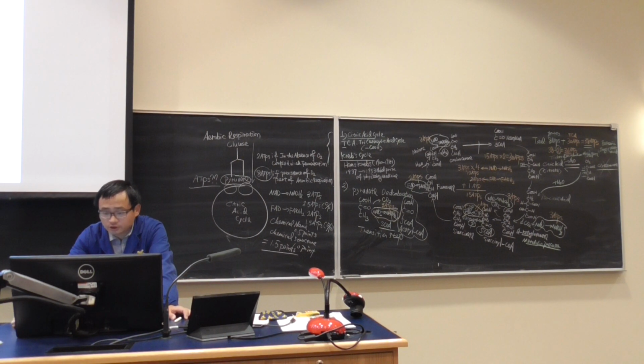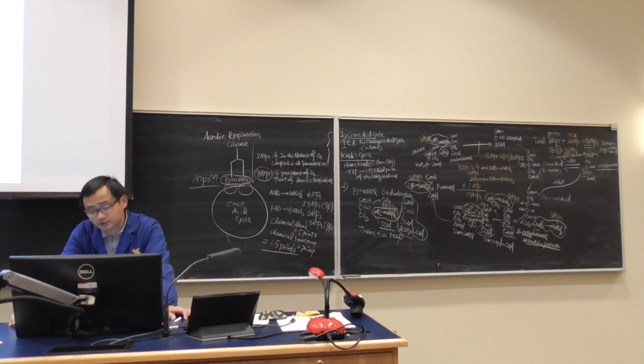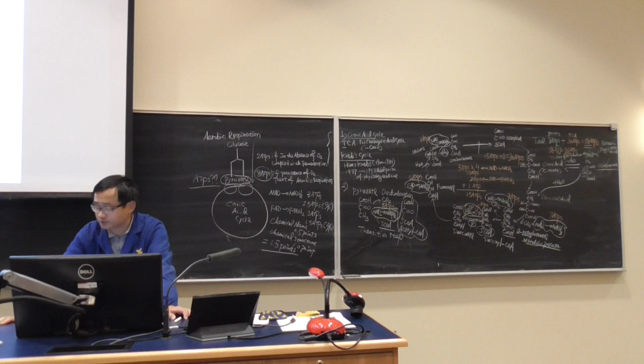You see these blue ones: pyruvate, acetyl-CoA, oxaloacetate, and alpha-ketoglutarate. We call these metabolic precursors, because they don't stop there; they are involved in multiple metabolic cycles. If you see the overall picture, it's more complicated than this. So these are the chemicals we call metabolic precursors.